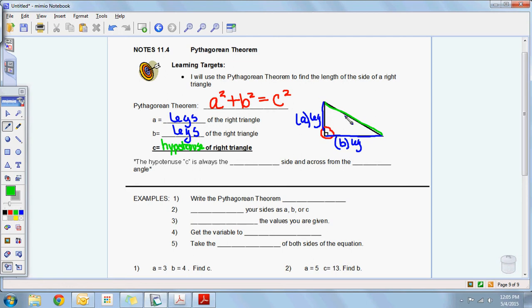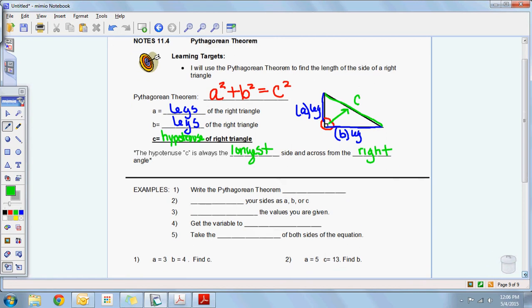So the trick is the hypotenuse, or the C side, is always right across from the right angle. That's how you figure out what the C is. And I always say that you always look for C first, and then you can decide where A and B go. So the C side, or the hypotenuse, is always the longest side, and it's always across from the right angle. Okay? So when you label your triangles, always label C first.